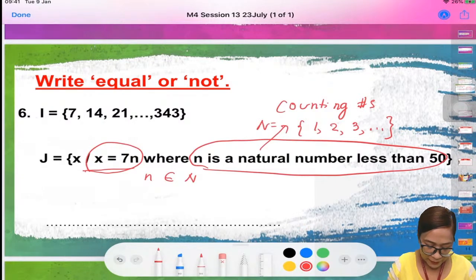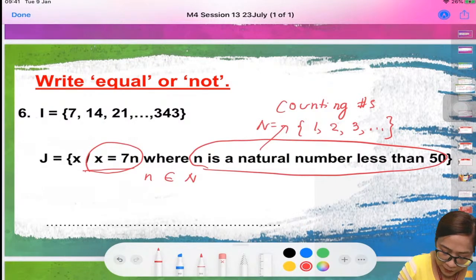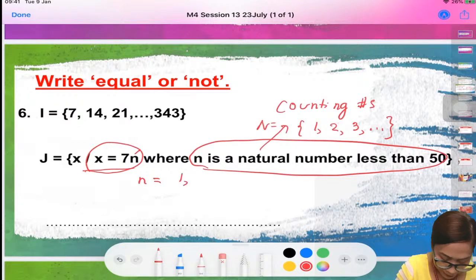So the small letter n here must be equal to a natural number less than 50. So your n can be 1, can be 2, can be 3, or any counting number less than 50, so until 49.